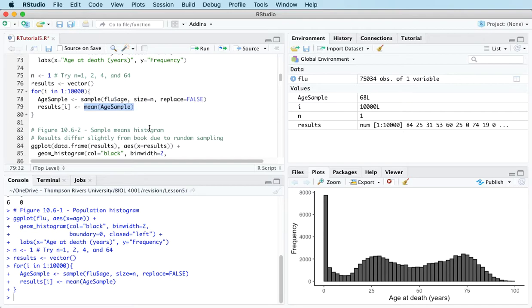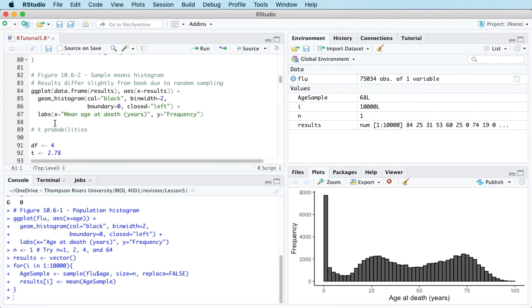In this case we've got a sample of size 1, so we're just picking one of these observations at random and recording its age, and then we're doing that 10,000 times. You might think that's a little bit odd, but bear with me because it's going to illustrate a point.